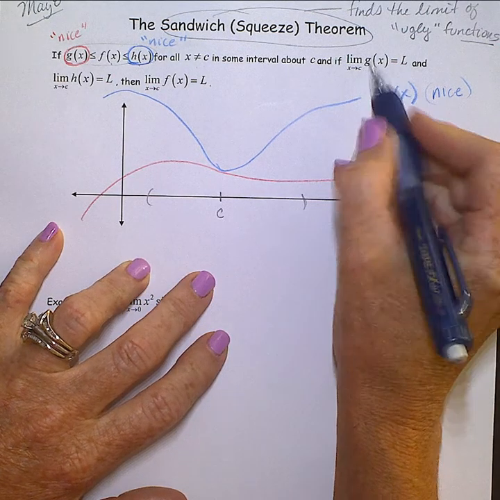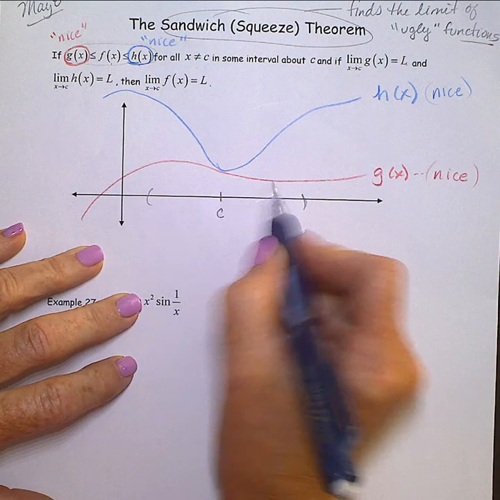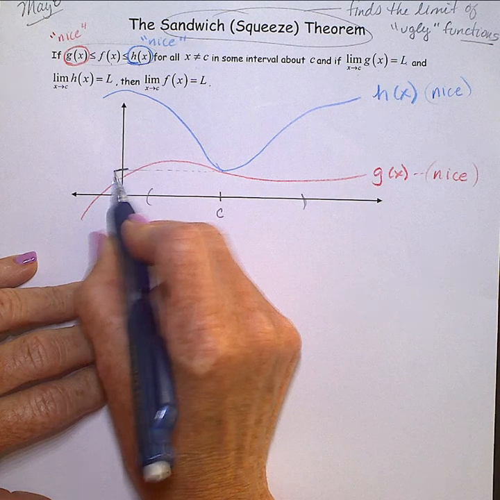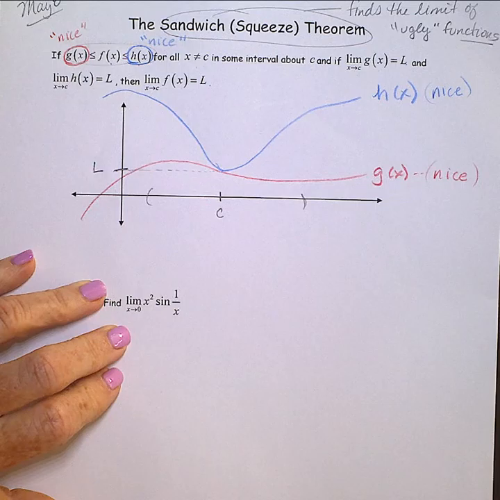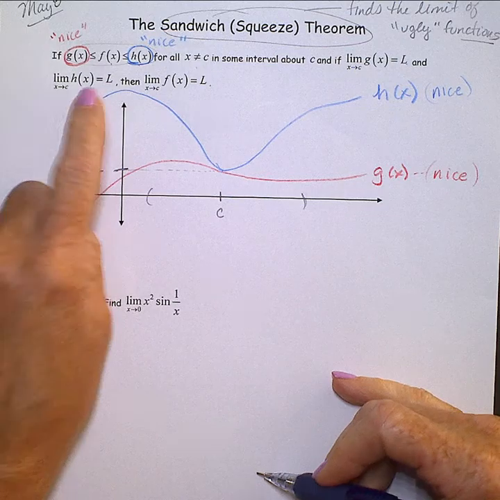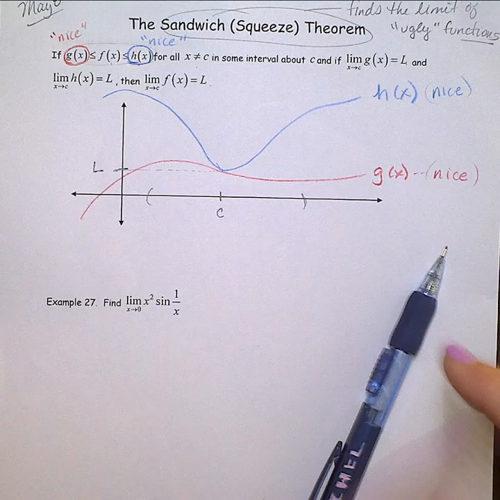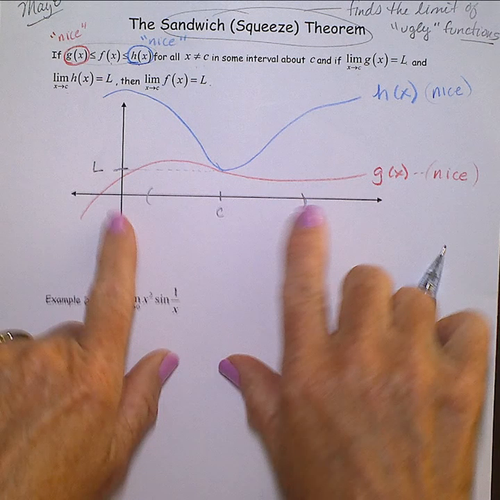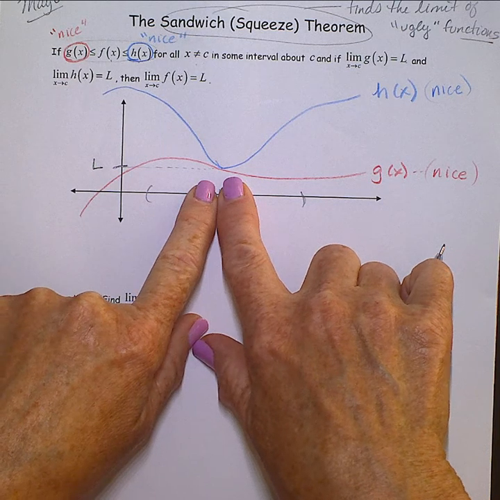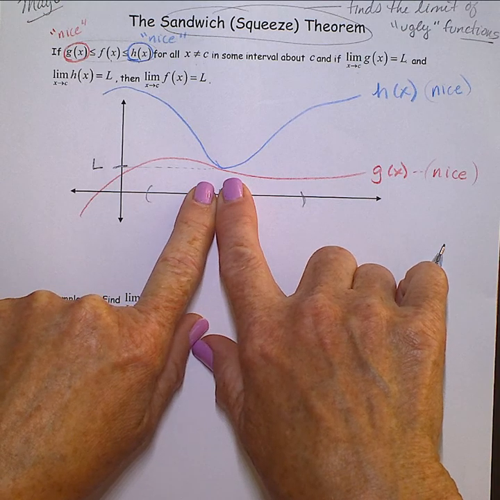The limit as x approaches c of g of x is equal to L. So here's g of x, and the limit as x approaches c is that height, L. Also, the limit as x approaches c of h, this other nice one, is also L. Would you agree, looking at these 2 functions, that as x approaches c they both approach that particular y value of L? Do you agree? Everybody see it?